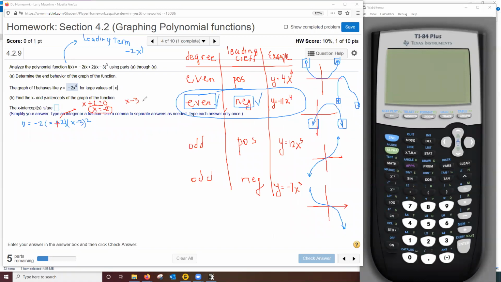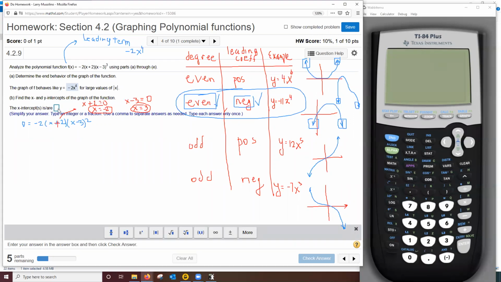But the only way x minus 3 squared would be equal to 0 is if the quantity inside, x minus 3, was equal to 0. So that's going to get me another x-intercept of x equals 3. All right, so those are the two x-intercepts. Let's go ahead and enter those. So the x-intercepts here are negative 2, 3.